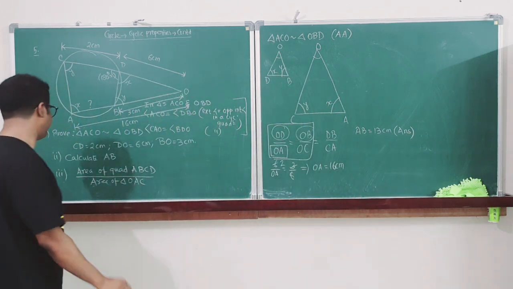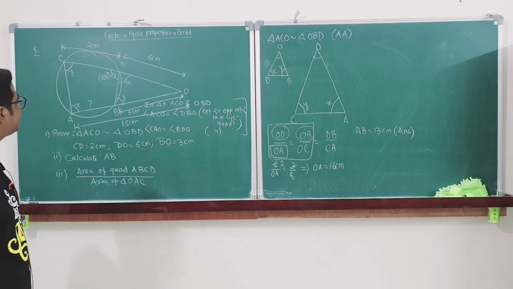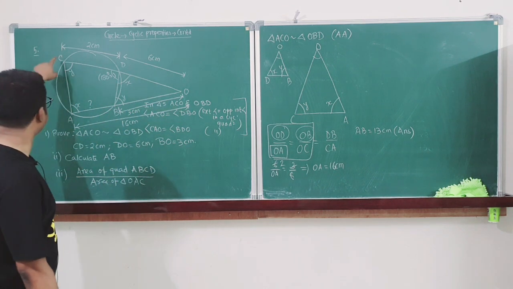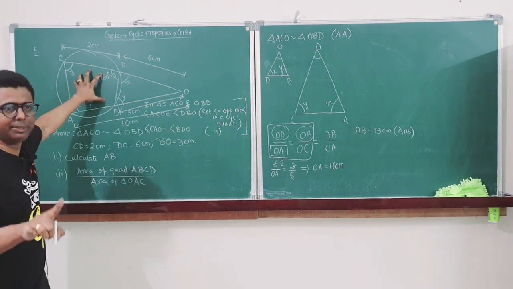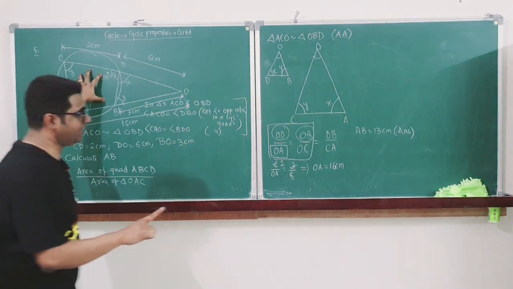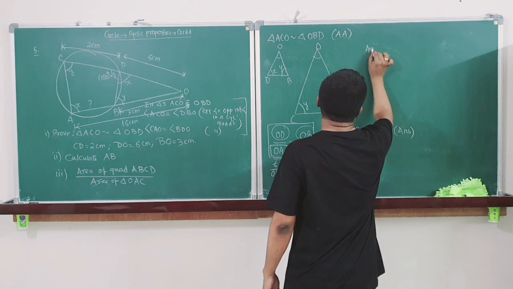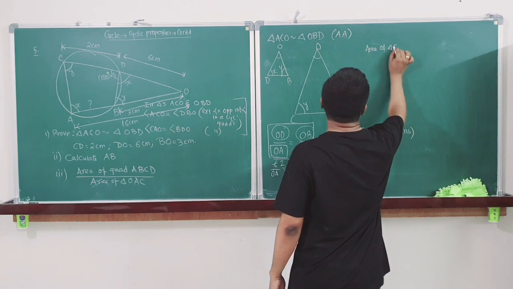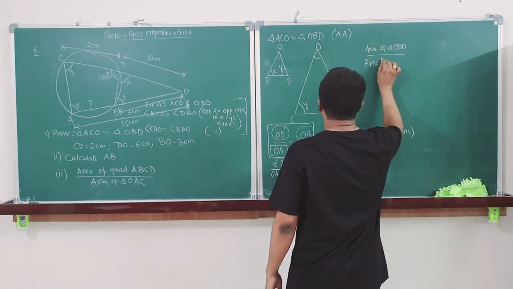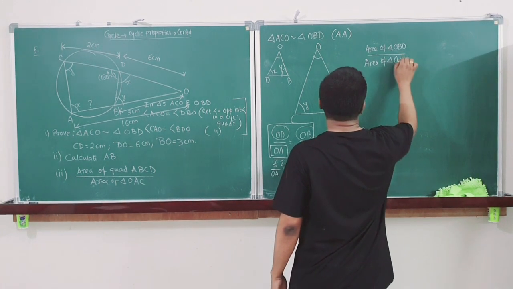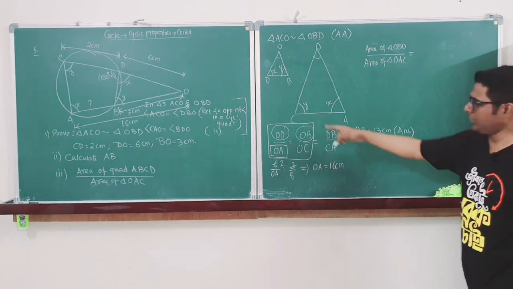Next, I have to find out the ratio between quadrilateral ABCD and triangle OAC. What is OAC? The total triangle. Correct? Quadrilateral is this part. In case of similarity, we have learnt that for these two similar triangles, area of triangle OBD divided by area of triangle OAC is equal to any of the ratio square.